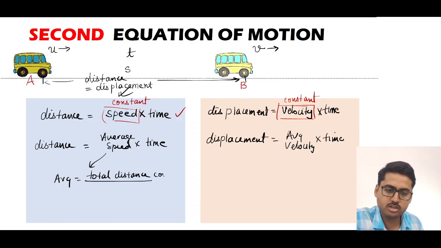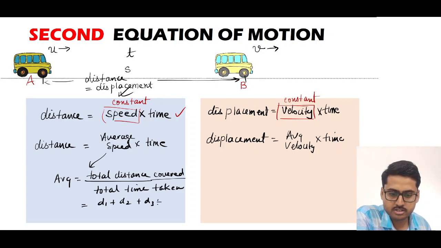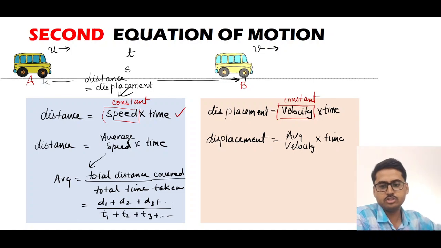In symbols, the formula is (d1 plus d2 plus d3) divided by (t1 plus t2 plus t3), where d1 represents the distance covered in the first interval, d2 the distance covered in the second, and likewise, and t1, t2 are the time taken for each interval. So this is your formula for average speed.